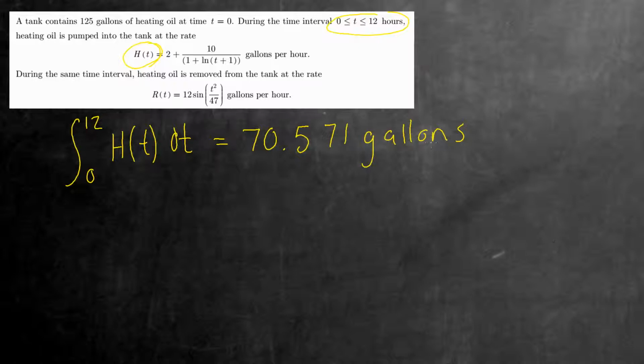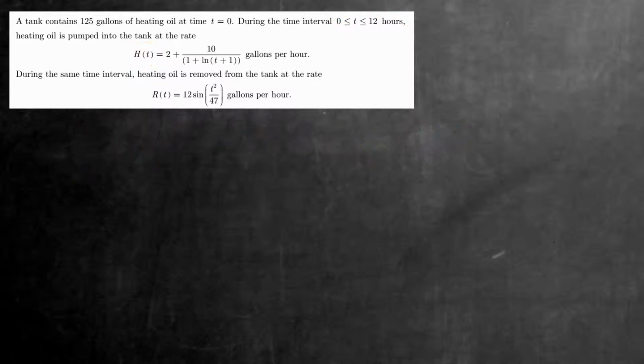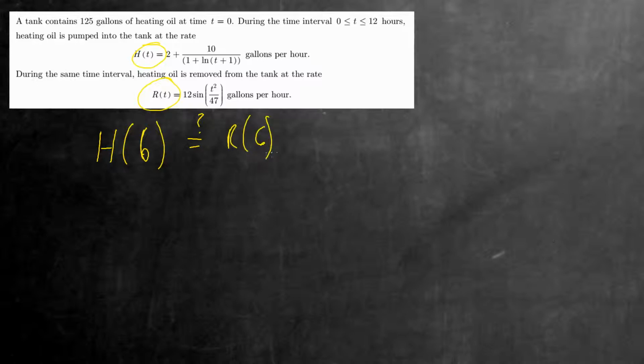So 70.571 gallons. Is the level of heating oil in the tank rising or falling at time t equals 6? Give a reason for your answer. So we've got our rate at which we're going in, which is h of t, and our rate at which we're going out. So we really just want to compare h of 6 to r of 6.